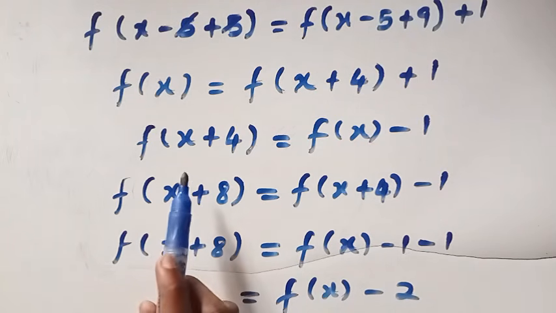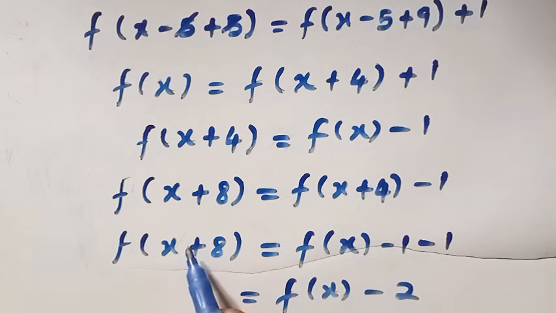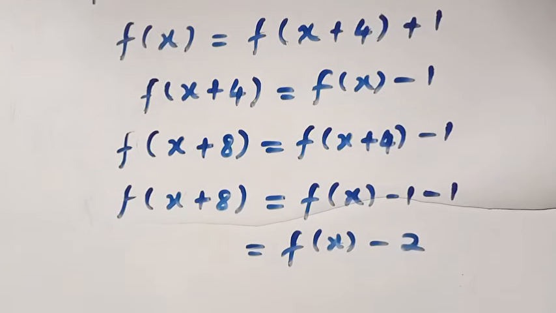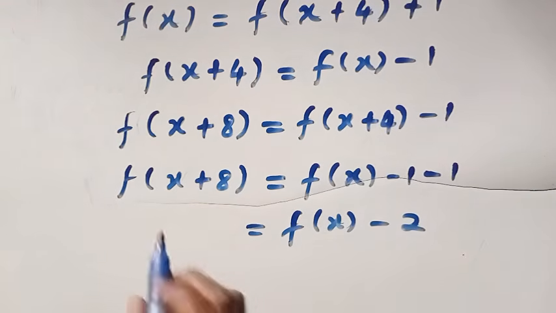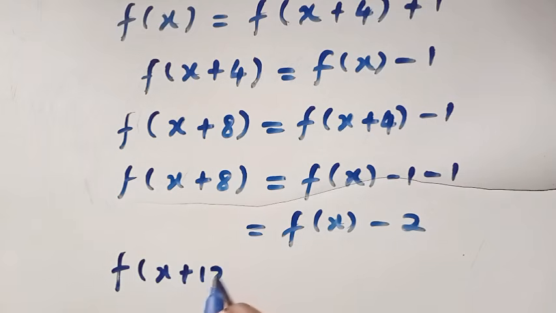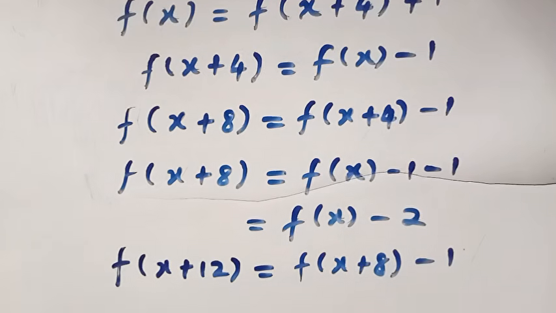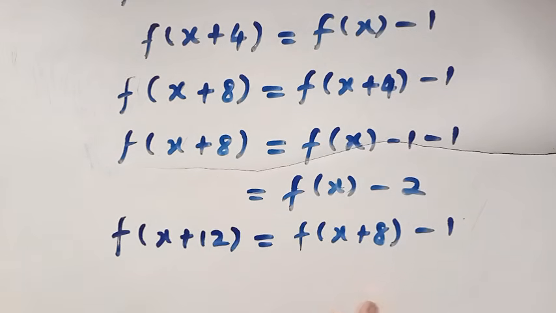So looking at the first one, we have f of x plus 4 equals f of x minus 1. And the second one gives us f of x minus 2, where we increase it by 4. So let's try to look for more patterns to see if this is consistent. By increasing this by 4 as well, we have f of x plus 12. This equals f of x plus 8 then minus 1. But f of x plus 8 is also given as f of x minus 2.